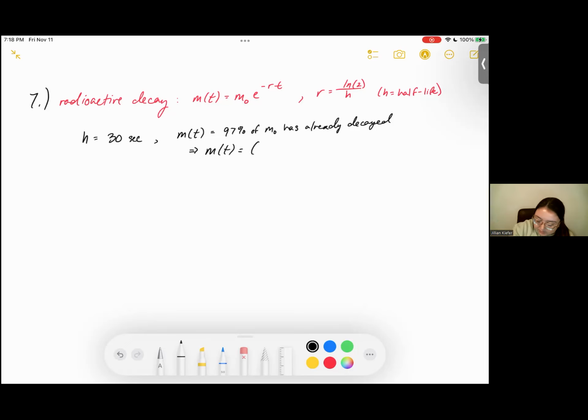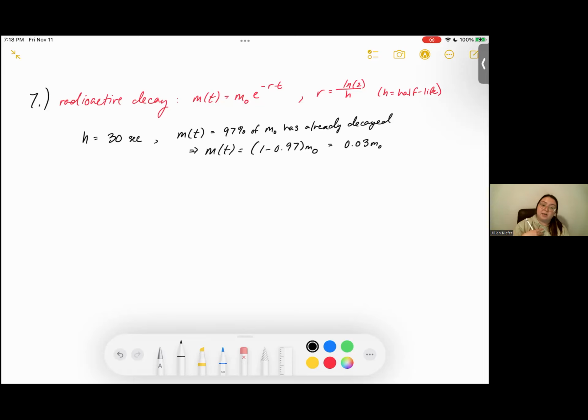So this means we'd have 1 minus 0.97 times M naught, which simplifies to 0.03 M naught. If we think about it, if 97% of the original amount is already gone, you only have 3% left. And 3% is 0.03 in decimal. So M of t is 0.03 times the original amount, M naught.